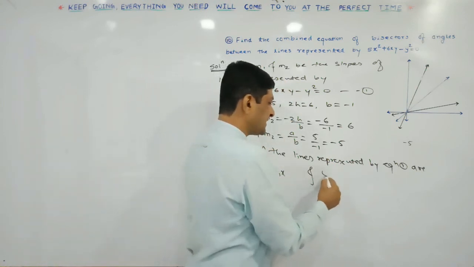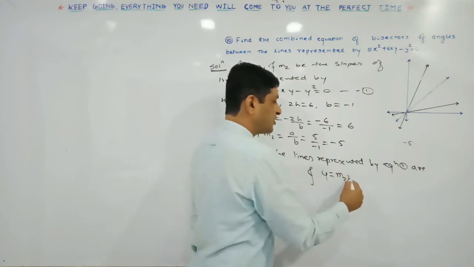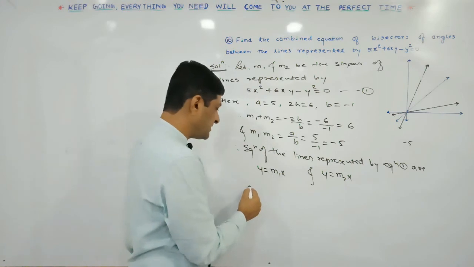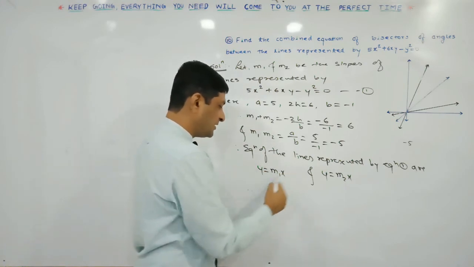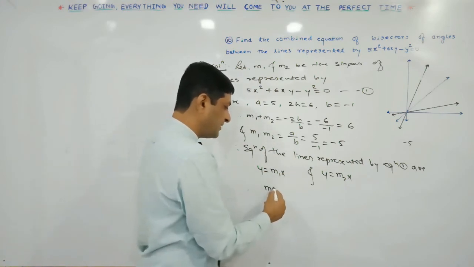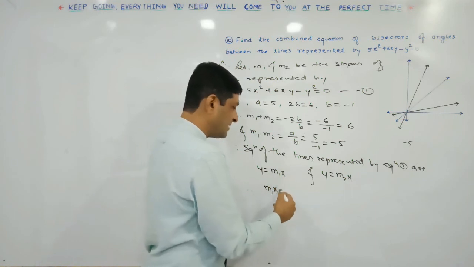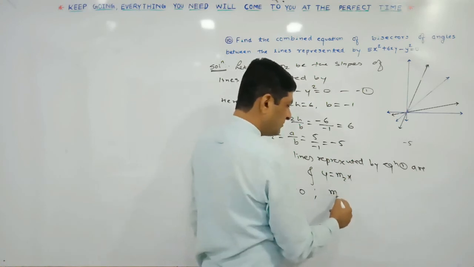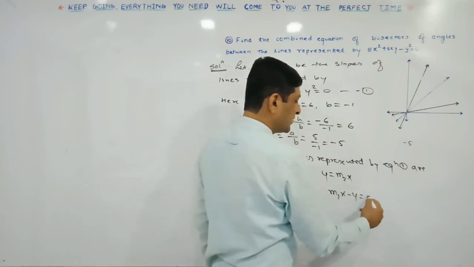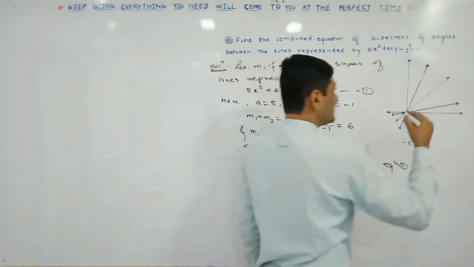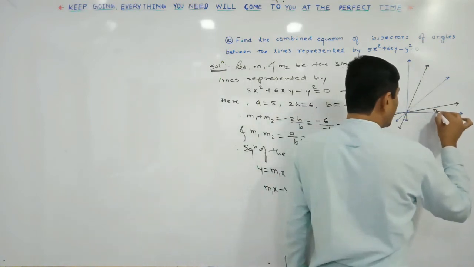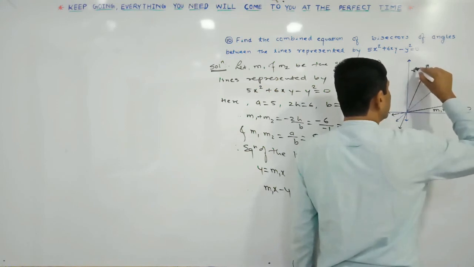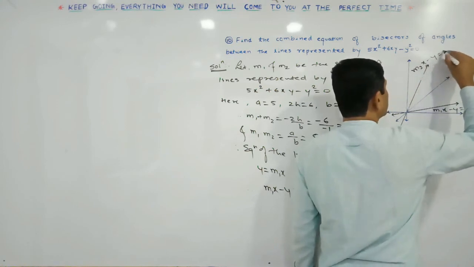And the equation of the second line is y is equal to m2x, because the slope of the second line is m2. So this equation can be written as, plus y on this side will become minus y, m1x minus y is equal to 0, and the equation of the second line is m2x minus y is equal to 0. So the equation of the first line is m1x minus y is equal to 0, and the equation of the second line is m2x minus y is equal to 0.